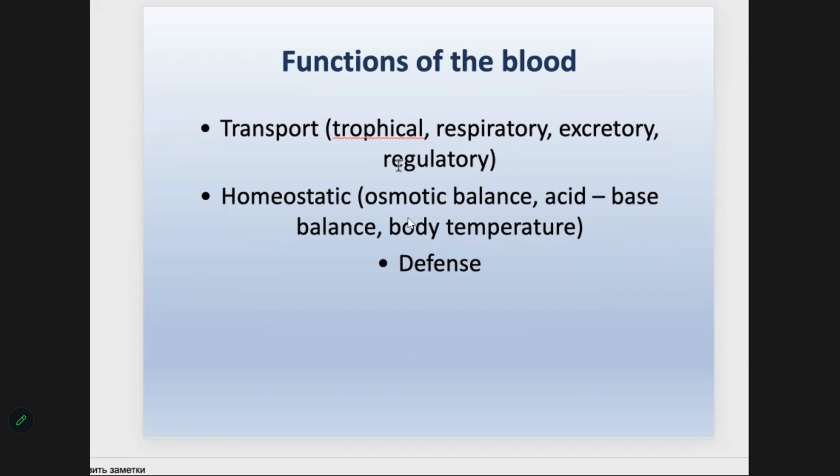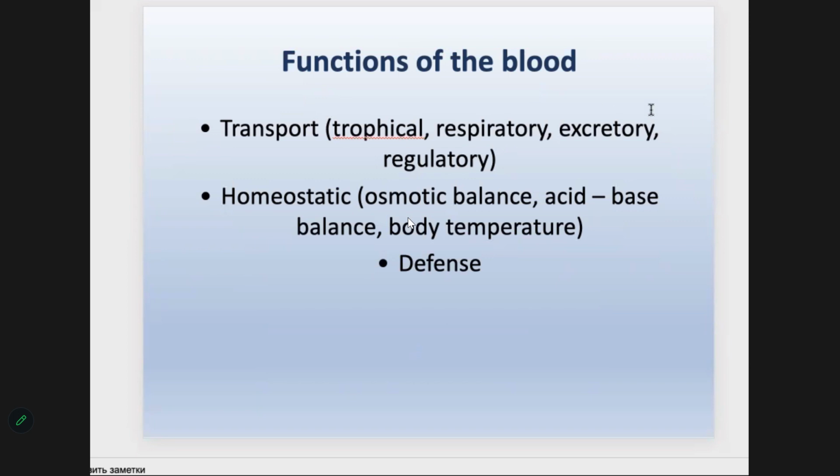Next, the formed elements of the blood transport hormones and other biologically active substances which regulate the functional activity of all organs, and this is named the regulatory function.